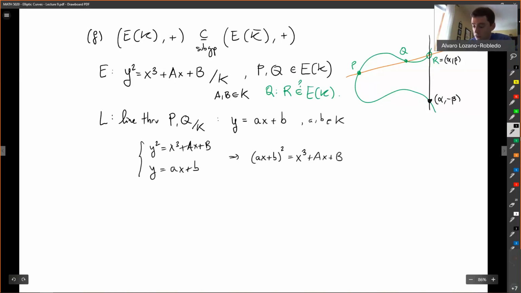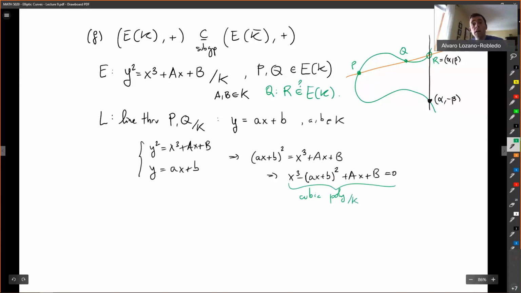And this will be x cubed plus ax plus b, all minus the square of ax plus b, equals 0. Now what is this? This is a cubic polynomial. It is defined over K. Every constant here is defined over K. And there are 2 roots already that we know are defined over K.